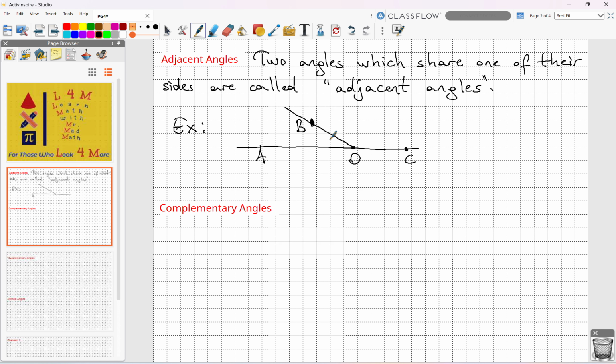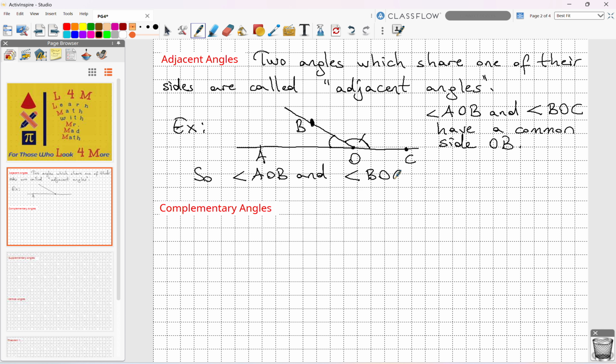So, if you look at the angles AOB and angle BOC, they have a common side, which is OB. So, angle AOB and angle BOC are adjacent angles.